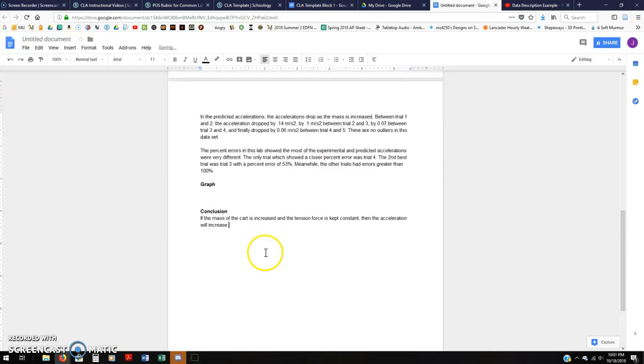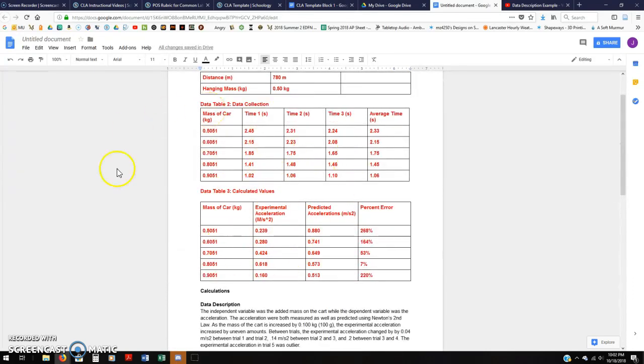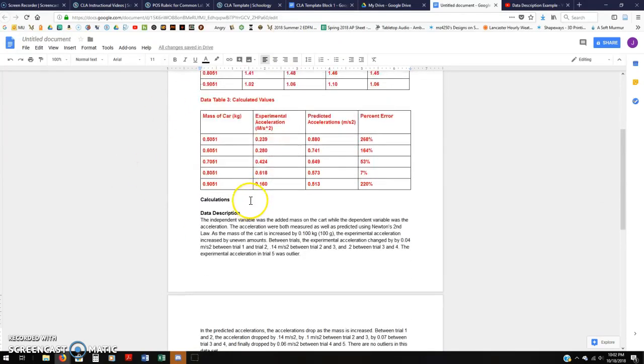Okay, once again, we're basing this off of the data that I have here that we've made up, so you may get a very, very different result from what we have up here.